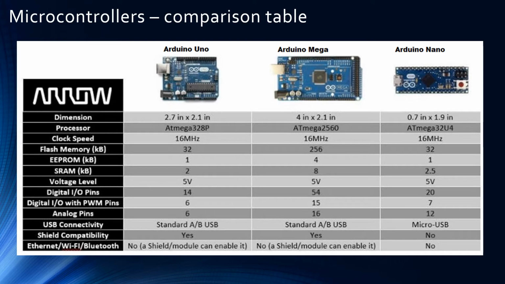The processor is different. Arduino Uno uses ATmega328, Arduino Mega uses ATmega2560, Arduino Nano uses ATmega32U4. The clock speed actually is all the same, and you can see the big difference with the personal computer. The personal computer clock can go up to gigahertz, but here it's only 16 megahertz.